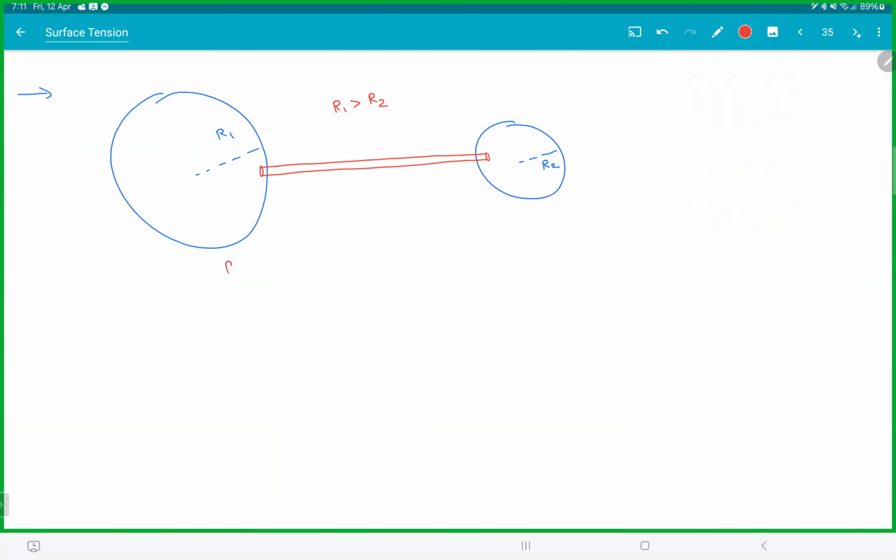What is the pressure here? P1 is P naught plus 4S by R1. What is the pressure here? P naught plus 4S by R2. So whoever has smaller radius will have more pressure. P2 is greater than P1. So air will flow from small to big.